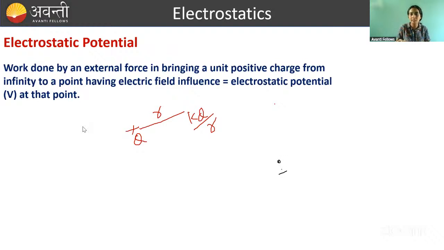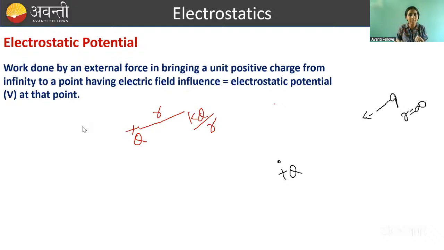Yani ki here there is plus Q charge, which is fixed. And then we took a test charge, a charge having a very small value, and it is initially at infinity, and now we are trying to take it closer to the charge plus Q. We are trying to take it closer in such a way that this small q charge, that is the test charge, is not accelerating.